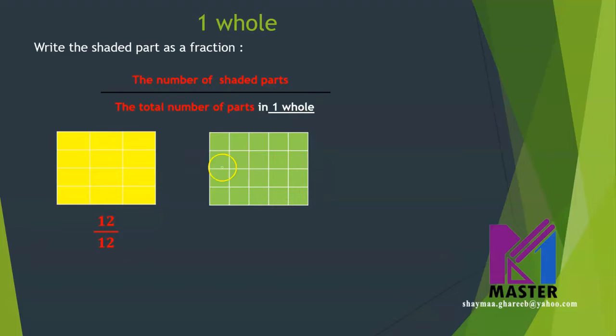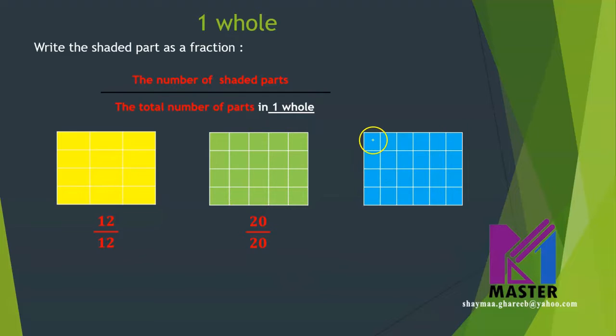So this shape will be 20 over 20. What about this one? 1, 2, 3, 4, 5, 6. 1, 2, 3, 4. 6 times 4 equals 24. So all the parts are 24 and all of them are shaded. So the fraction here will be 24 over 24.